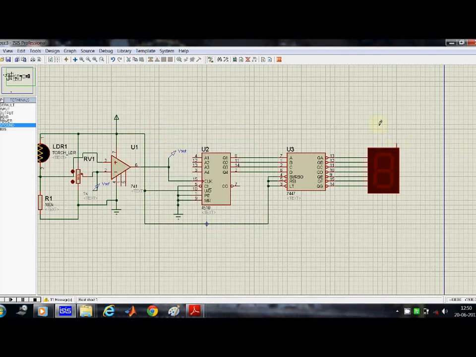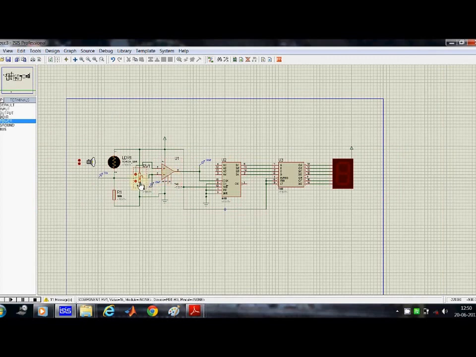I have to give it power because it's a common anode. So I start the simulation, and this is 0. Yes, that's 1, that's 2.